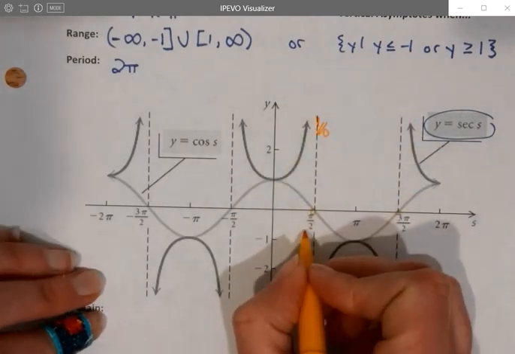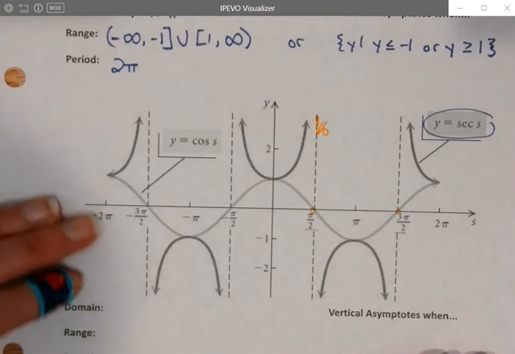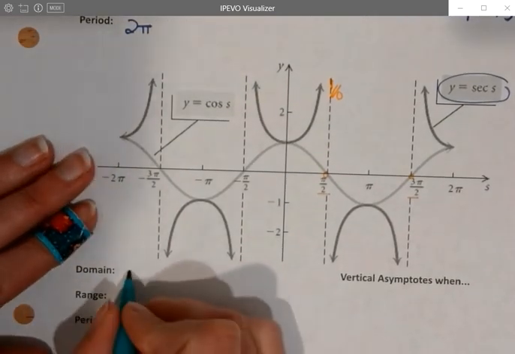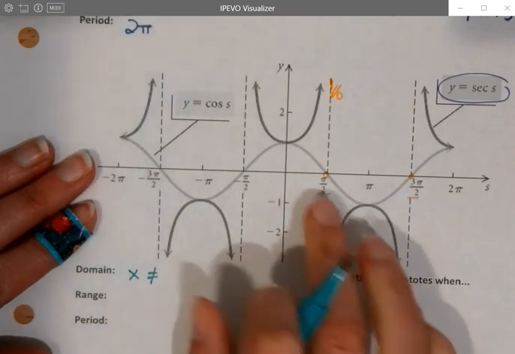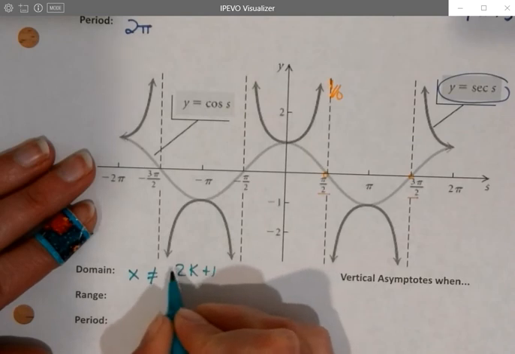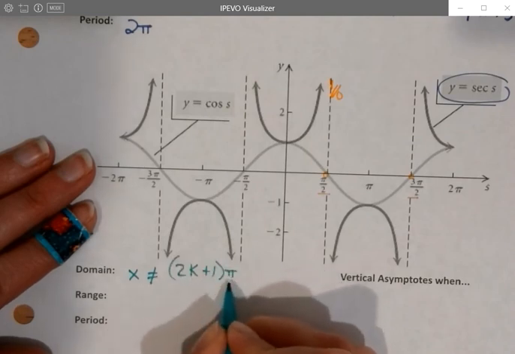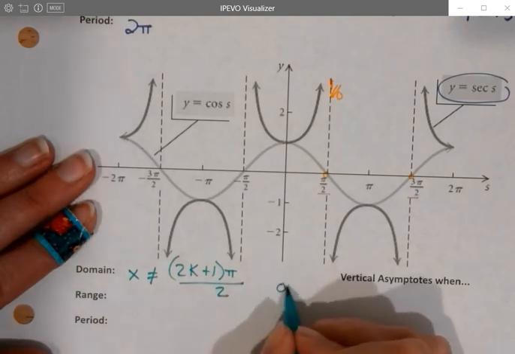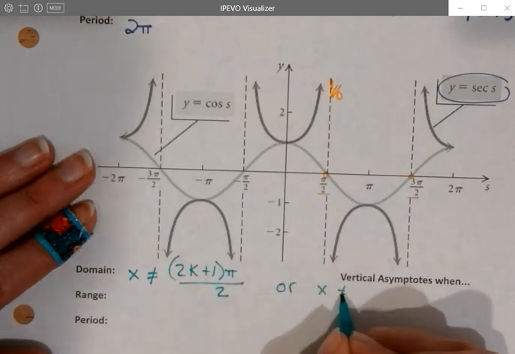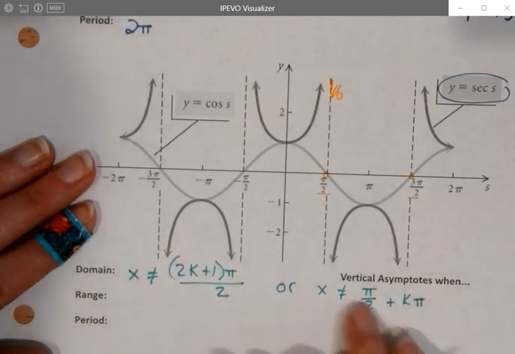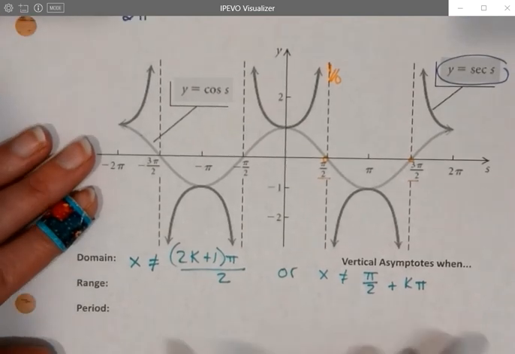And cosine would have been 0 at the multiples of pi halves, so that makes the domain of secant, x can't be those odd multiples of pi halves, so x is not equal to odd, (2k plus 1) pi halves. Or, if you prefer to phrase it in the other fashion, x cannot equal pi halves plus k pi. Again, it's just the same exact thing. It's just written as one fraction or written as separate pieces. Same thing.